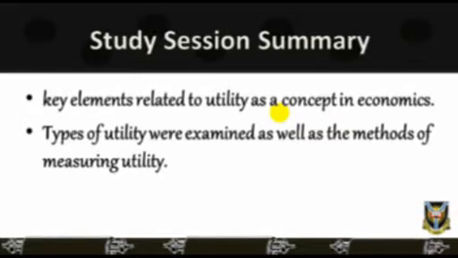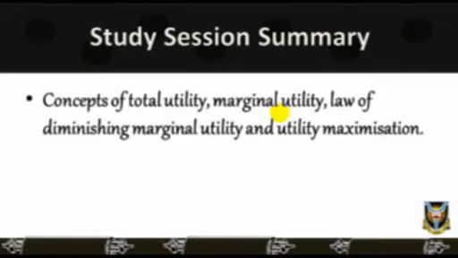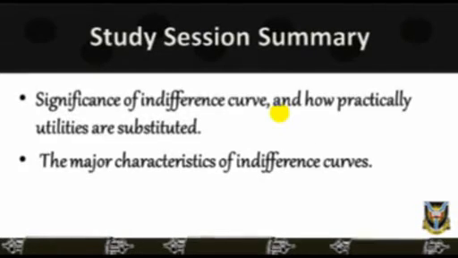We also looked at concepts of total utility, marginal utility, law of diminishing marginal utility, and utility maximization. We went further to explore the significance of indifference curves and how utilities are practically substituted. We concluded the session by highlighting the major characteristics of indifference curves.